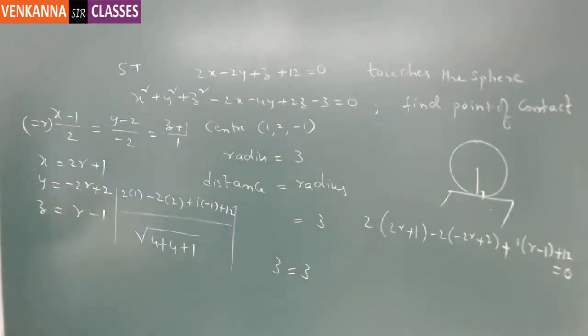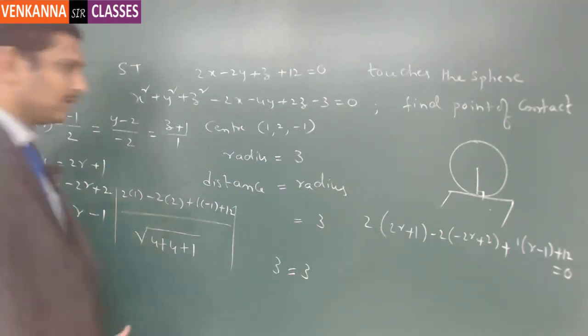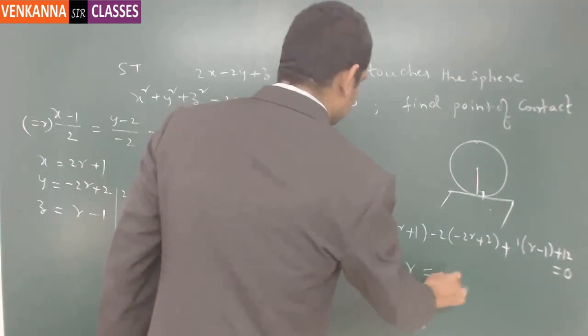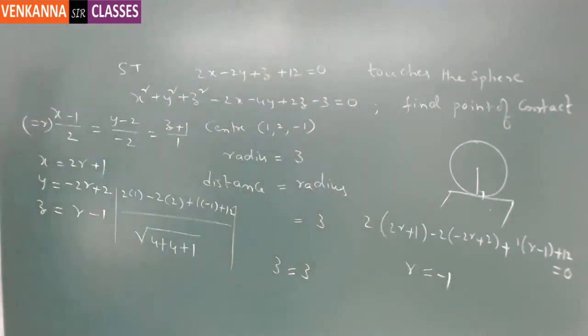Simplifying that, you will get r is equal to minus 1, and the point of contact is (minus 1, 4, minus 2). Please check.